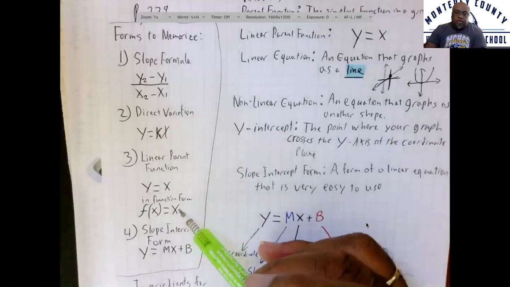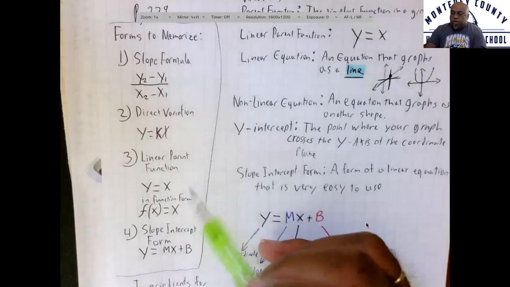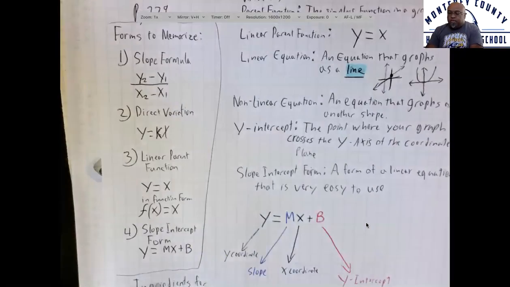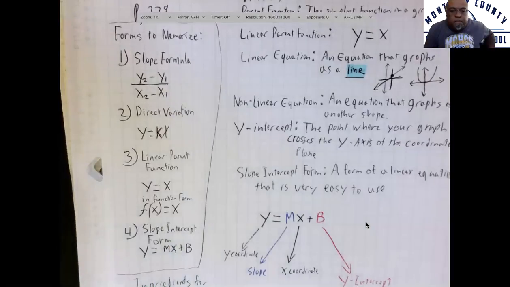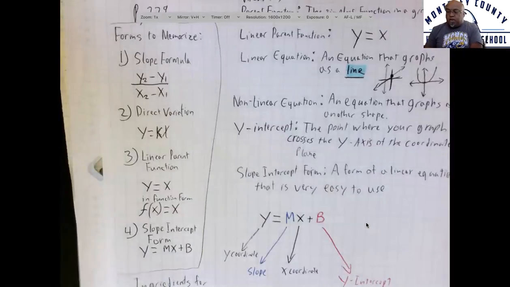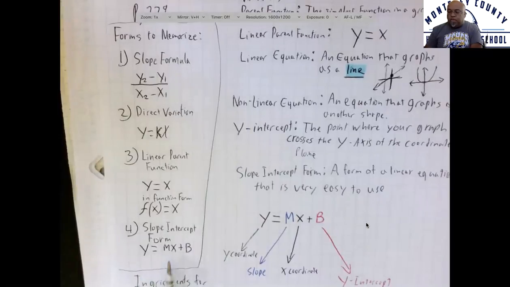These are just two ways of writing the same form. I just want to remind you that f of x is going to become a more common form in the next few parts of algebra, okay? And then what I'm teaching you today, today's main lesson, is y is equal to mx plus b, okay?